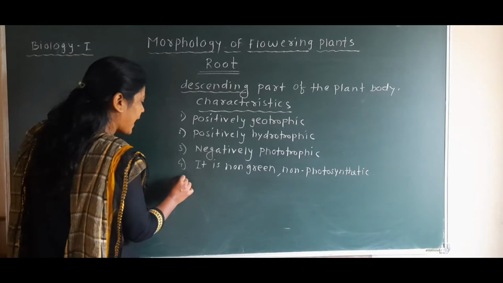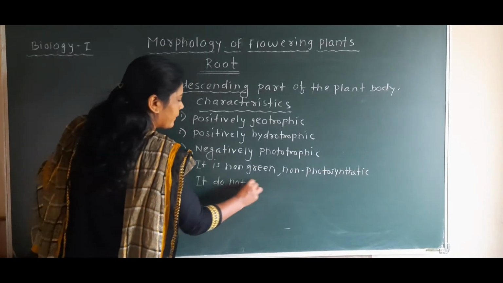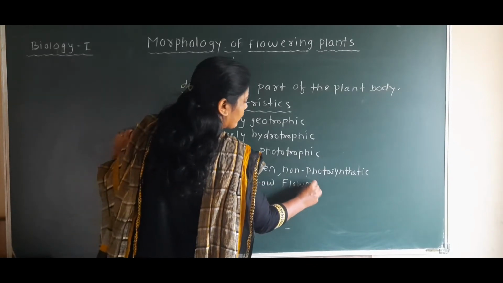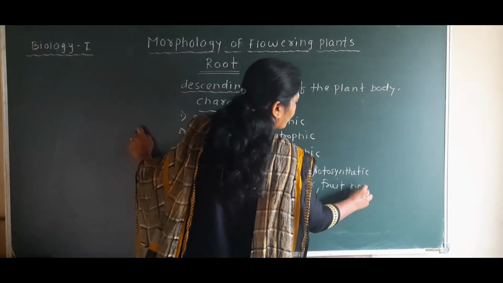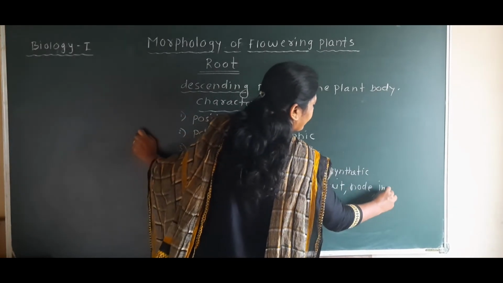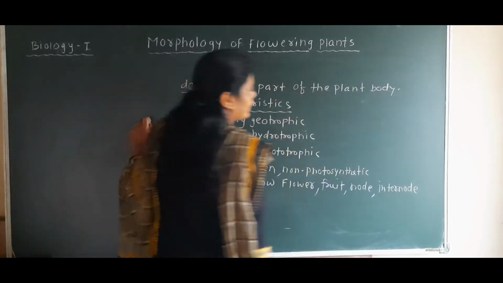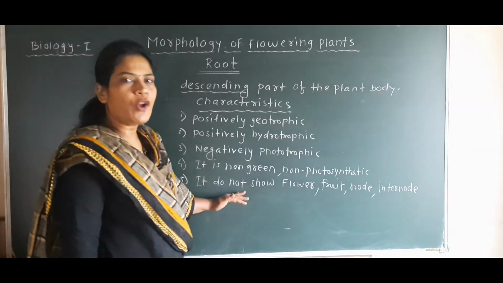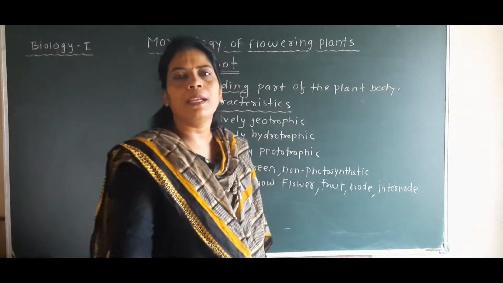Then next, it does not show flower, fruit, node and internode. Okay, so on the root you cannot observe the flower, fruits or node, internode part.